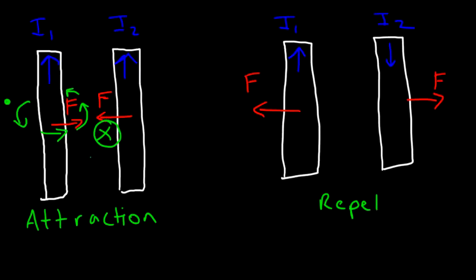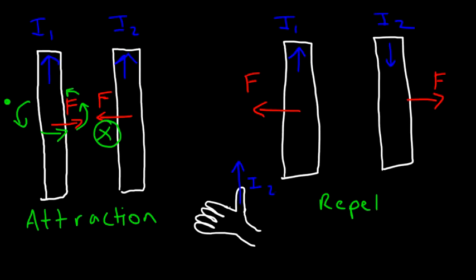Now, using the second right-hand rule that we talked about, you want your fingers to point into the page, but you want your thumb pointing north in the direction of the current. So here's your thumb.